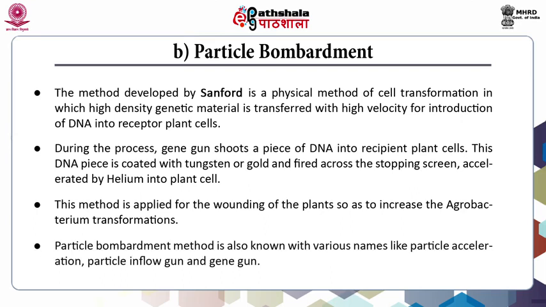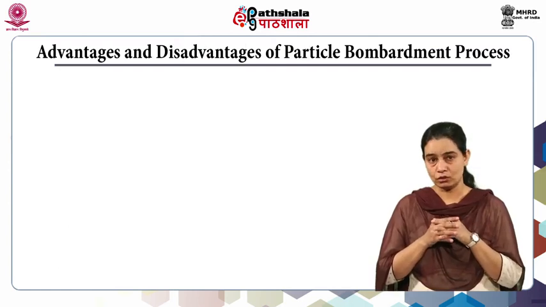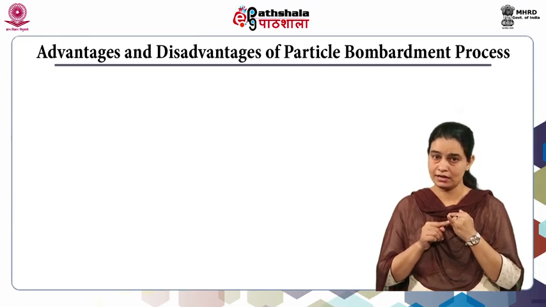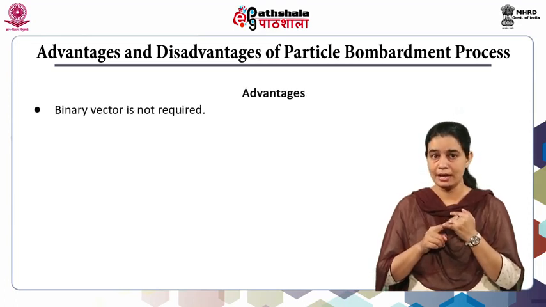This method is also known by other names like particle acceleration, particle inflow gun or gene gun. This method also has certain advantages and disadvantages. Coming to the advantages, in the bombardment process the binary vector is not required.